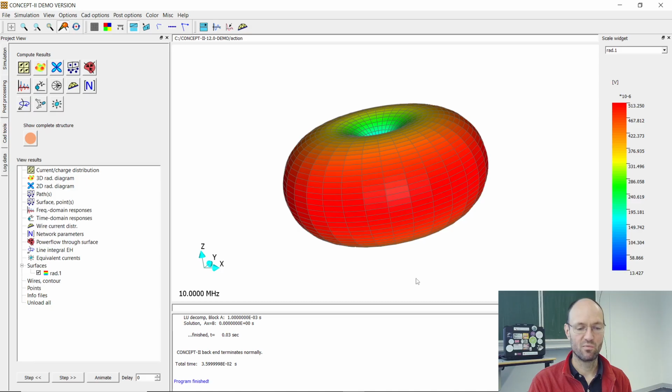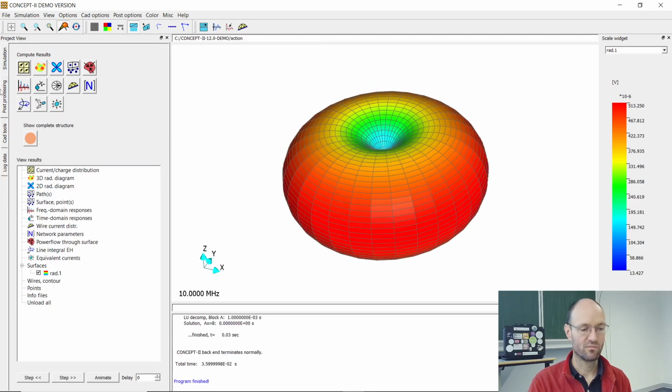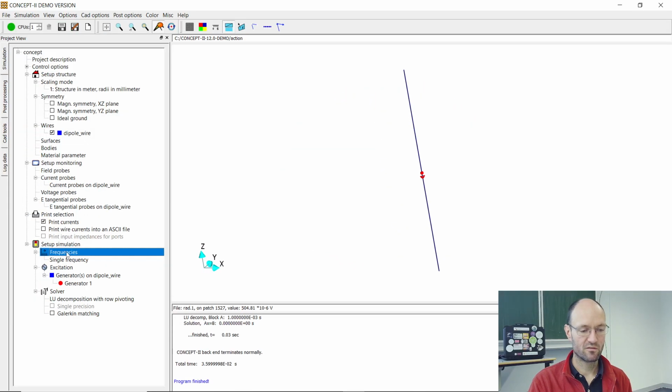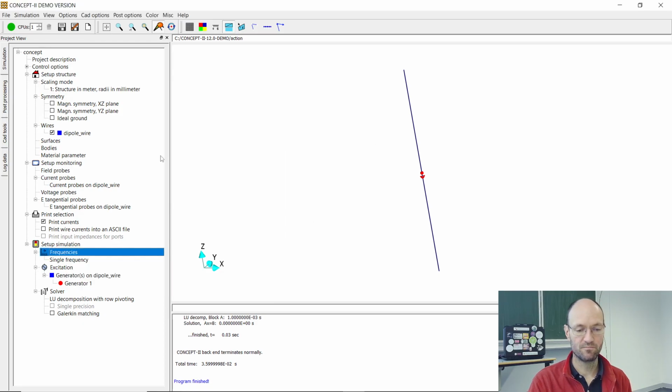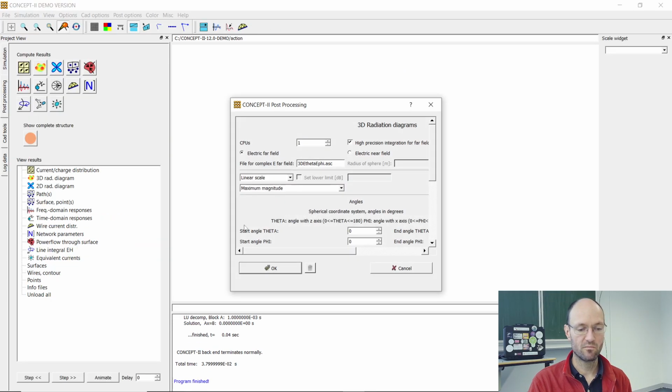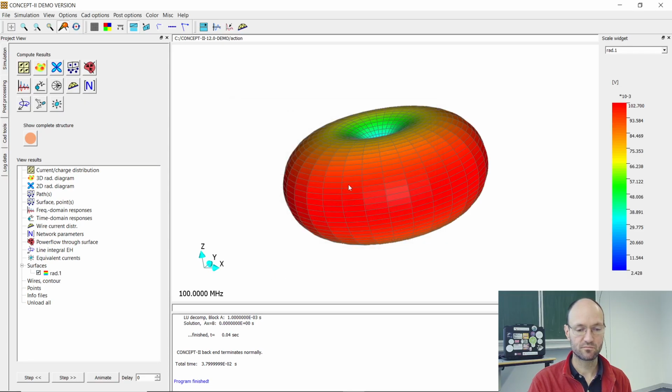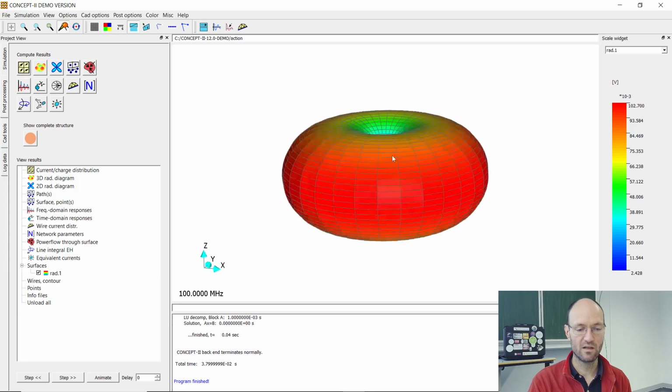It should look like before, and it does look like before. Then let's increase the frequency by another factor of 10. Now the wavelength is 3 meters, the dipole is a third of the wavelength, and it's still looking like a donut.